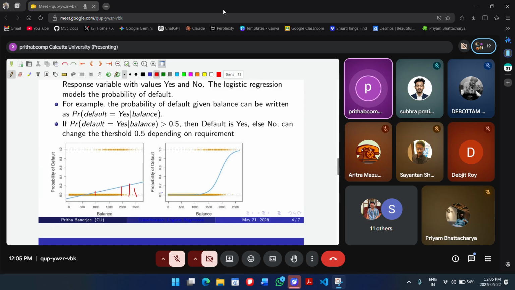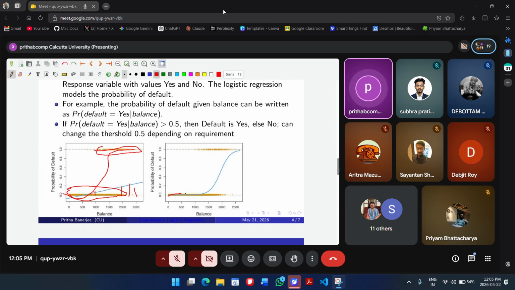What is required is a curve like this. You see the beginning part of it is mostly 0, and the greater part of it is actually 1. That is why the curve is like this.